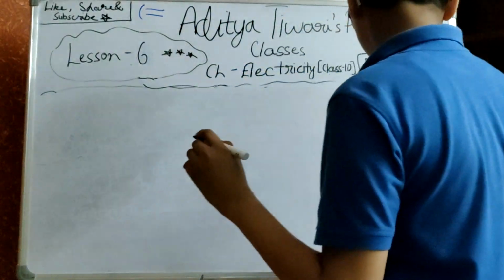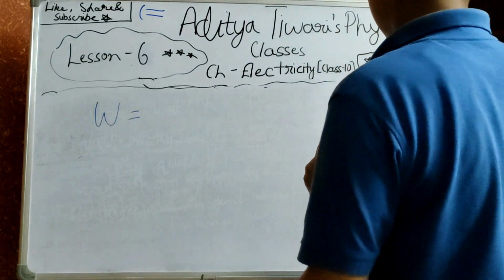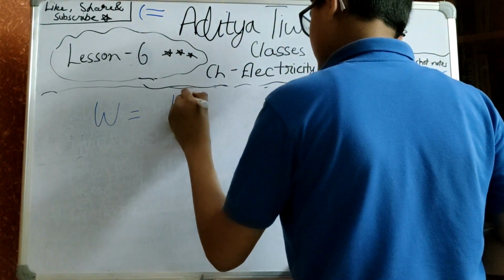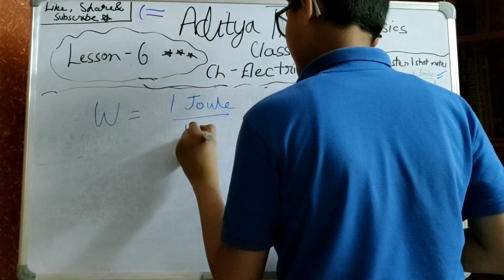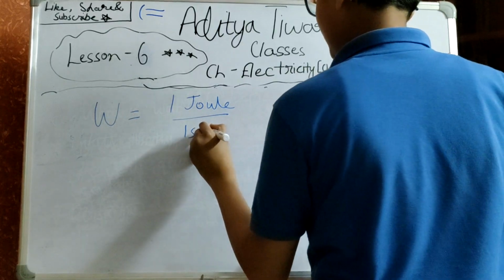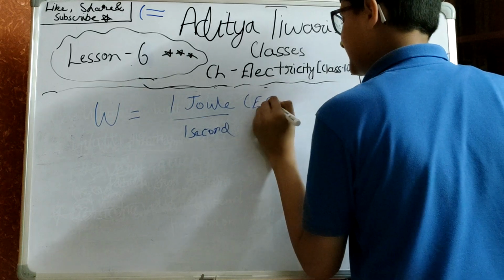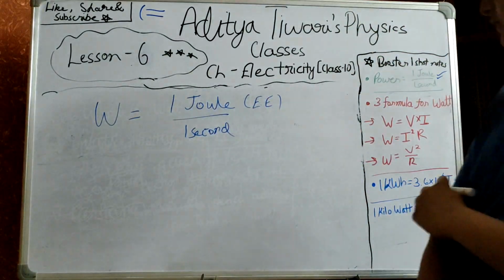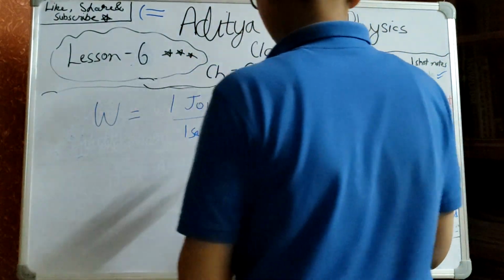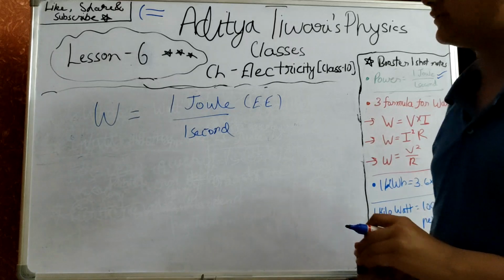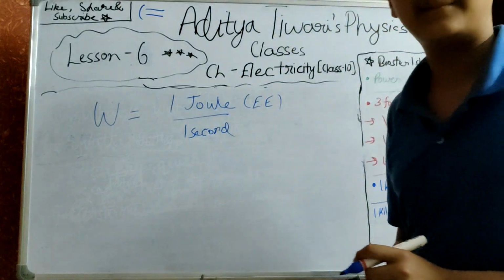So the first is that watt is equal to 1 joule by 1 second, and this is the electrical energy. So the electrical energy is equal to watt times time.